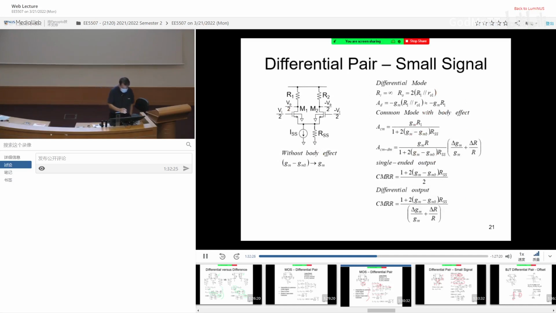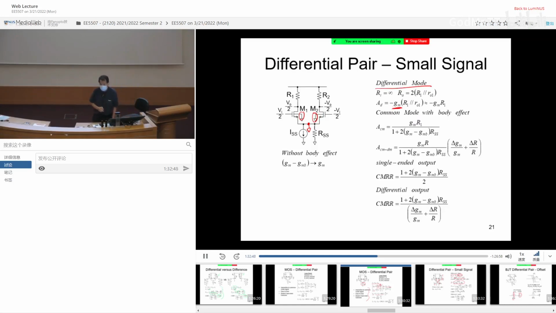For differential signal, you notice that there is actually body effect. But if we consider this seesaw kind of behavior, then this point is considered a virtual ground. Since the body is ground and the source terminal is also ground, they don't suffer from body effect. So in the differential mode, the gain has no GMB.